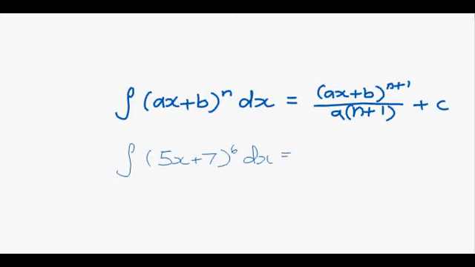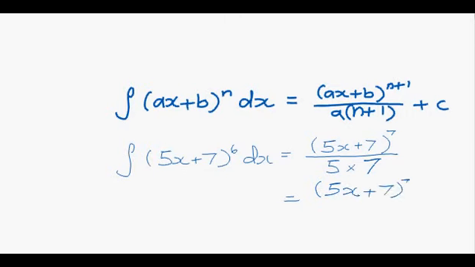We'll just follow this. 5x + 7 doesn't change. Increase the power on it by 1, so that now becomes 7. Now divide by the new power and divide by the coefficient of x, which is 5. So quite simply, you come out with (5x + 7)^7 over 35, and remember your + c. And that's it.